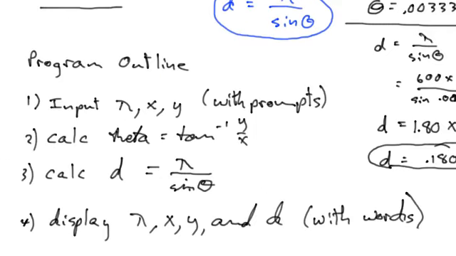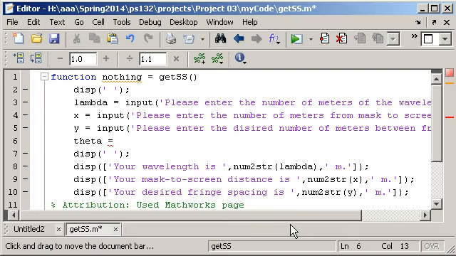Let's make sure I'm doing what I said I was going to do here. Input those, and I've already displayed some of that stuff. Calculate theta and then calculate d. Arctangent of y over x. Okay, let's see. Lambda over sine theta. atan(y/x).